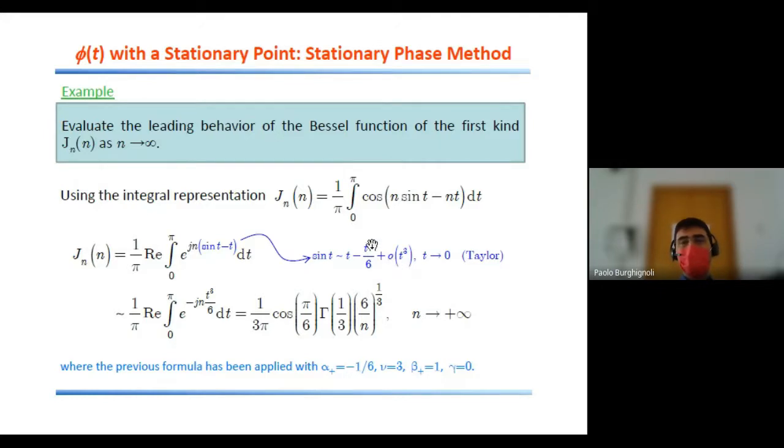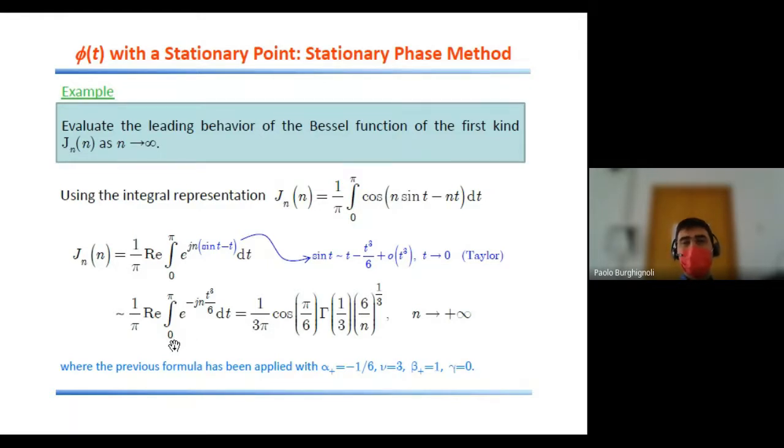Now, if we truncate the Taylor expansion of the sine up to this order, we can evaluate the function phi approximately as t cubed divided by 6. And so we are now in the position given for standard Fourier integrals, in which the point c is at the left-hand point 0.